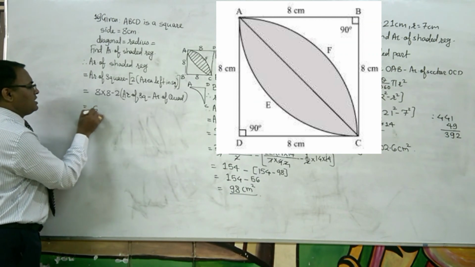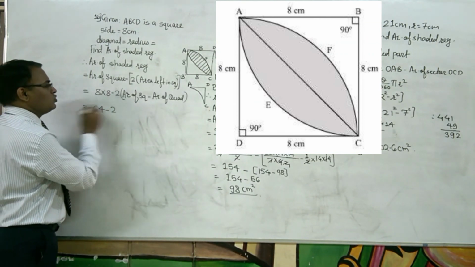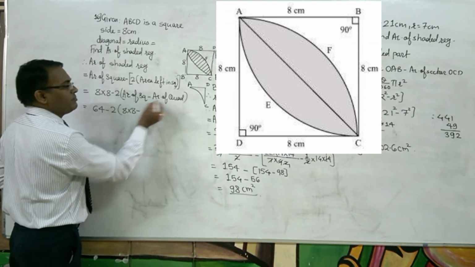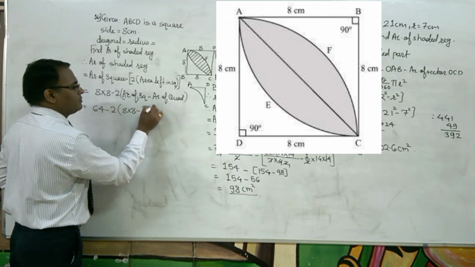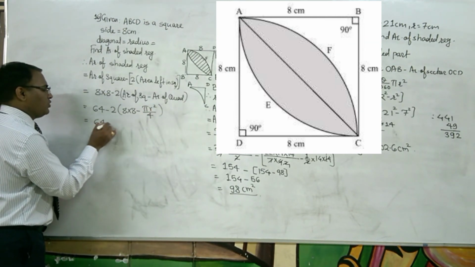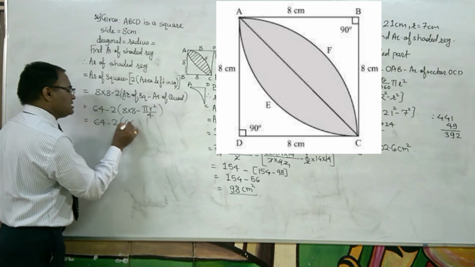Which is very easy now. 64 minus 2 into, the area of the square is again 8 into 8, minus the area of the quadrant, which is pi r square divided by 4, which will give you 64 minus 2 into again 64.